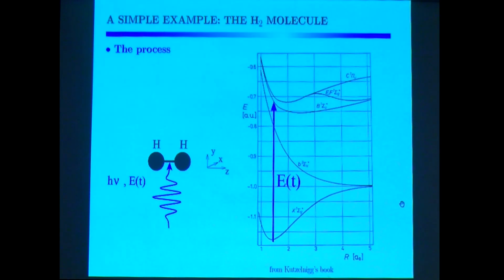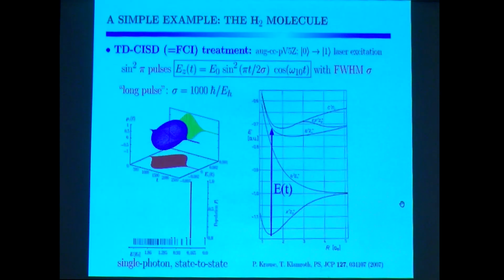What we apply is a so-called pi pulse. A pi pulse is a pulse which by construction, in a two-level system in the rotating wave approximation, makes a population inversion. Here we do not have the rotating wave approximation, we have a real molecule, but still we can use this pi pulse model to try to get from here to here.